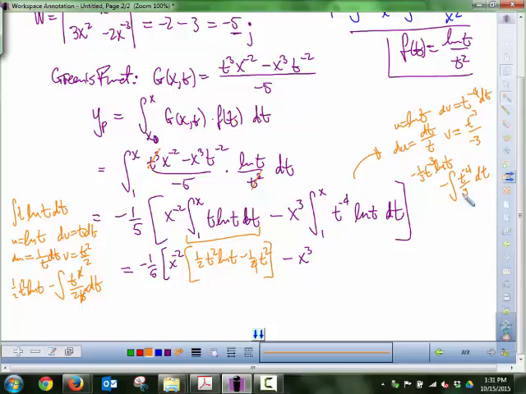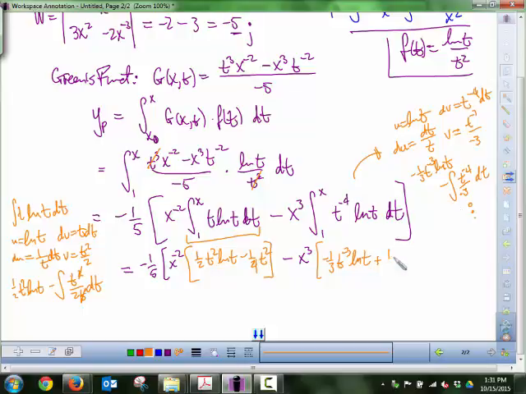I have an extra negative from the 3. So inside of the parentheses, I have negative 1/3 t to the negative 3 ln t minus minus, so that's a plus, and the antiderivative of this is what?